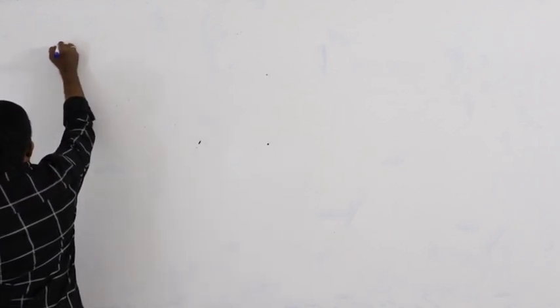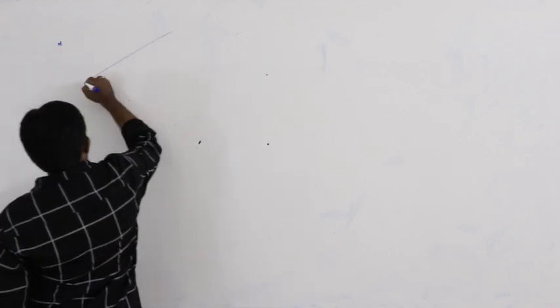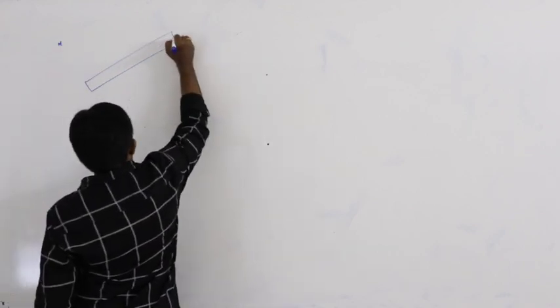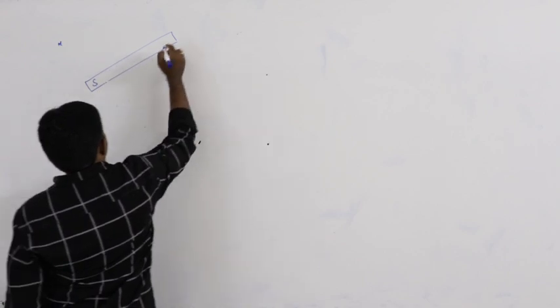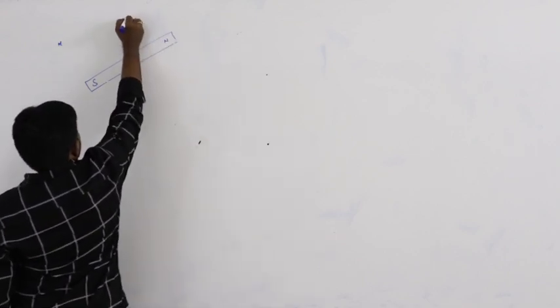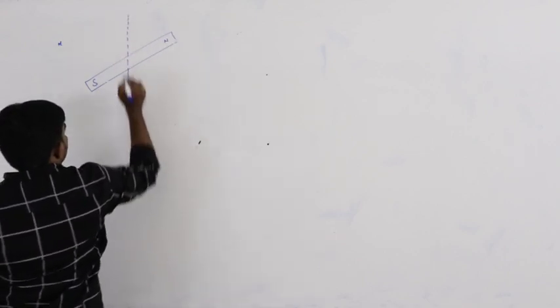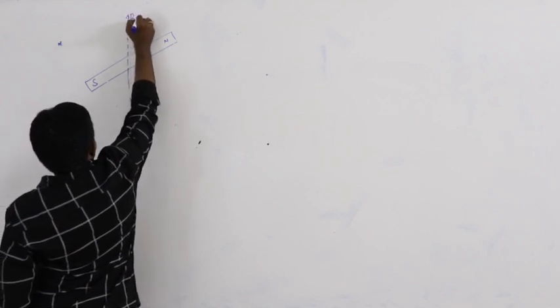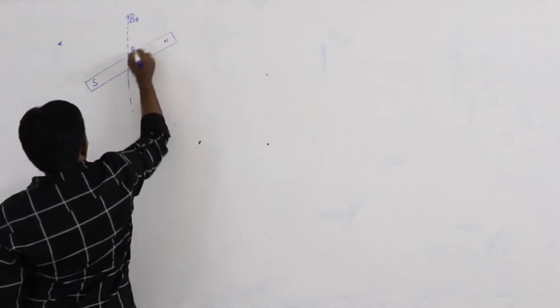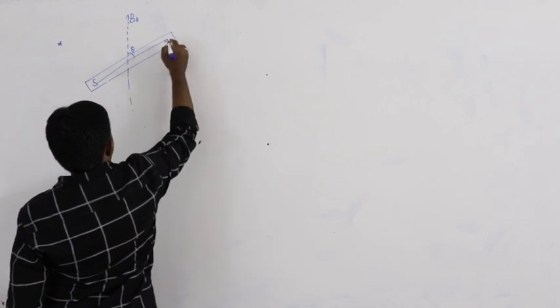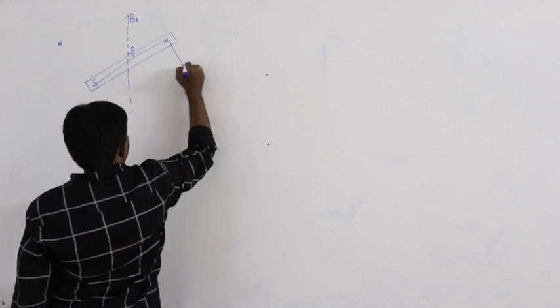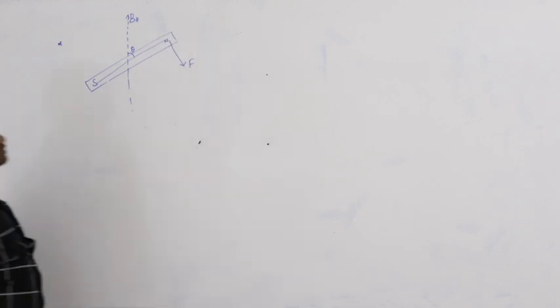Next application. Let us say this is the magnet suspended in a uniform magnetic field, BH, and it makes an angle theta here, with magnetic moment M. Let us say this is the direction of the applied force.